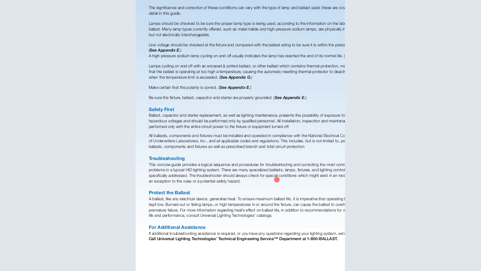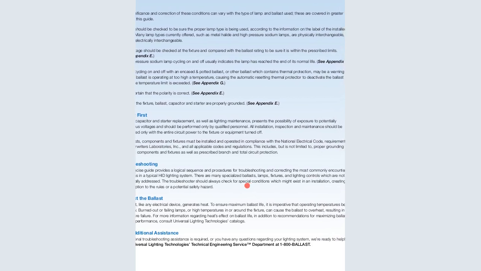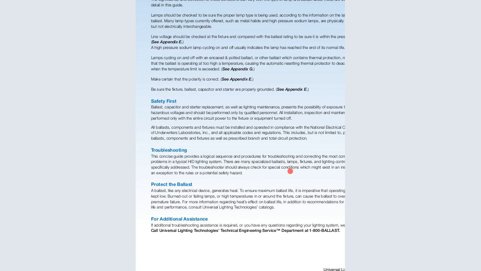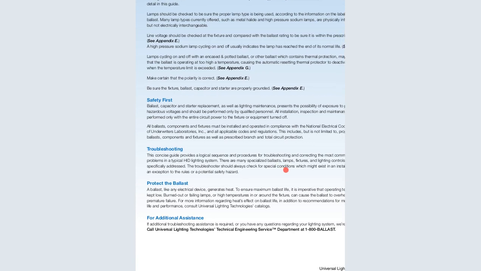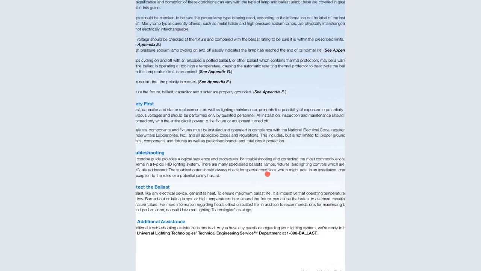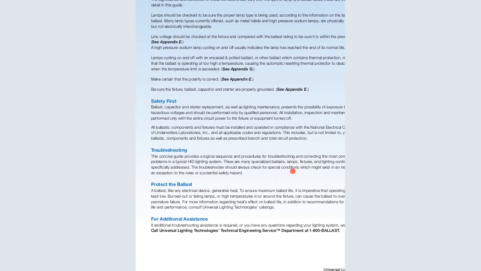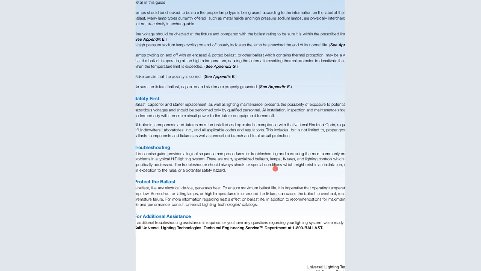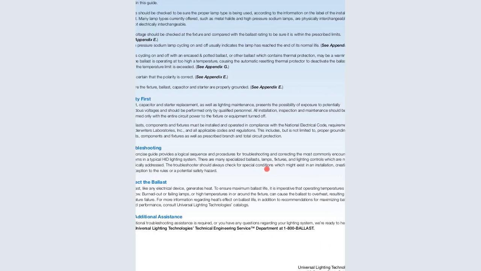According to the information on the label of the installed ballast, many lamp types currently offered, such as metal halide and high pressure sodium lamps, are physically interchangeable but not electrically interchangeable. The line voltage should be checked at the fixture and compared with the ballast rating to be sure it is within the prescribed limits.